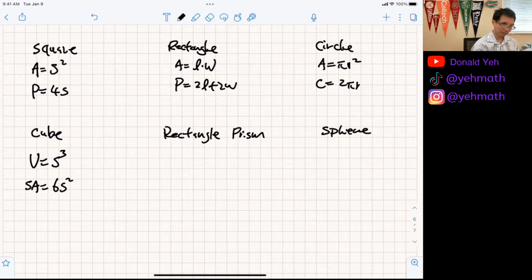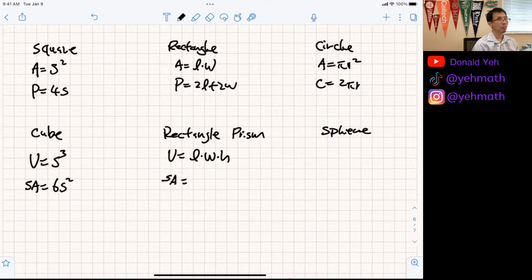For a rectangular prism, volume is equal to length times width times height. That's the one that you guys always think of. But surface area is a hard one though. What is the surface area of a rectangular prism?